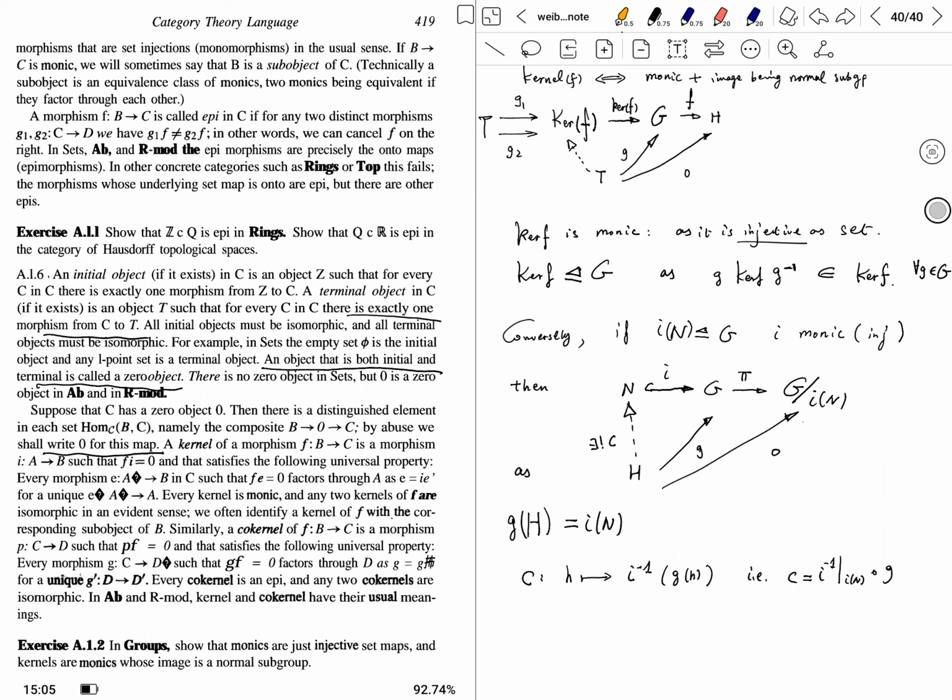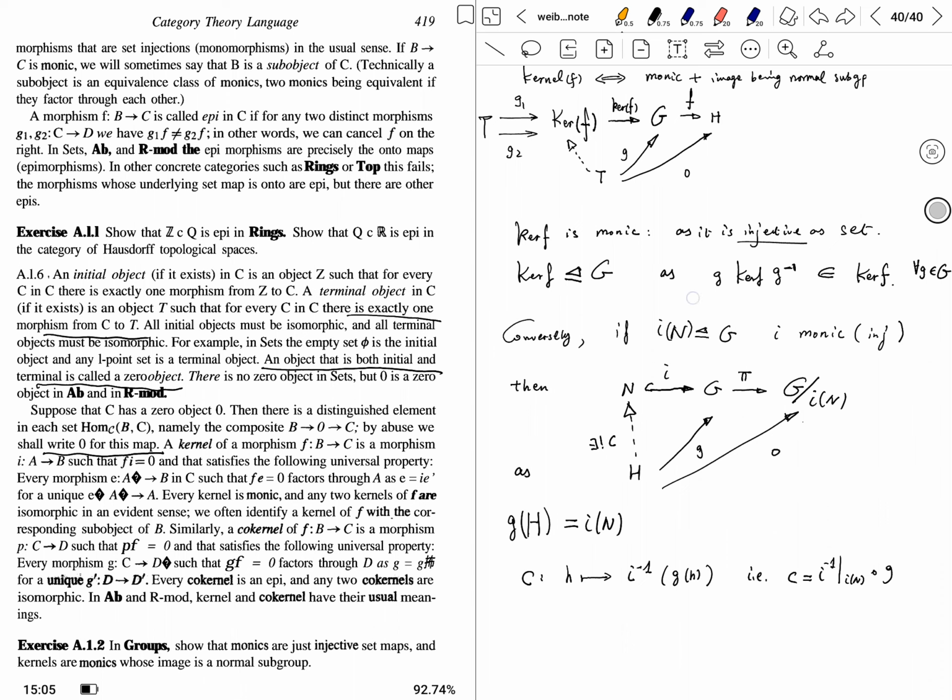This is what we have to show. So firstly, one direction is easy, which is that a kernel is monic and its image is a normal subgroup.